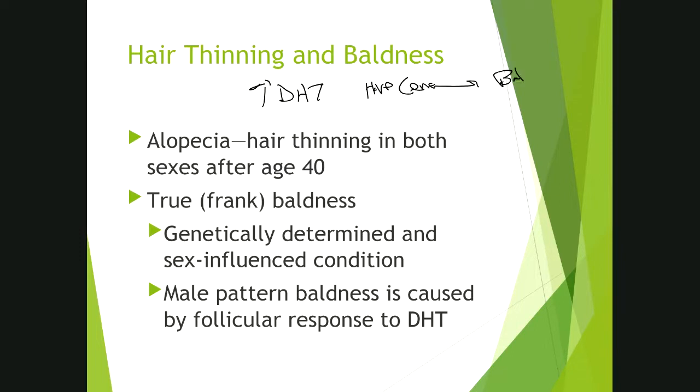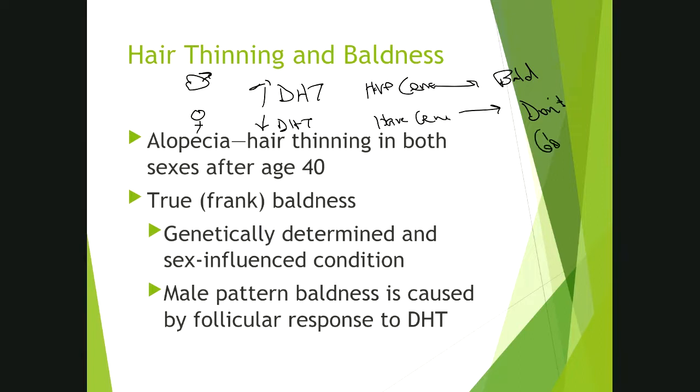So males tend to go bald fairly often, but most females don't have much of this hormone. And so females, even if they do have the gene, they don't go bald because they don't have that hormone.